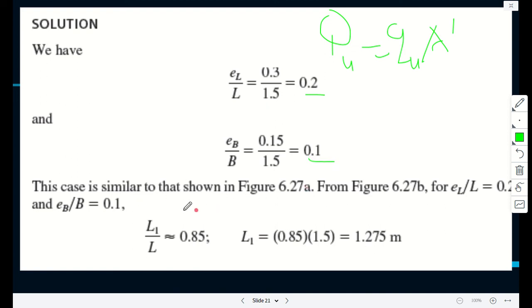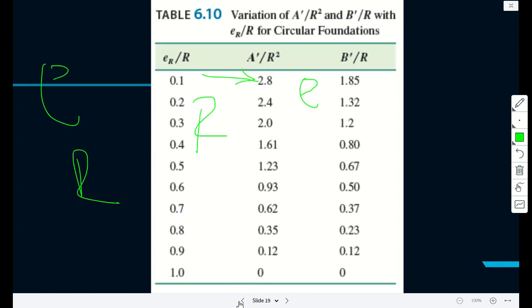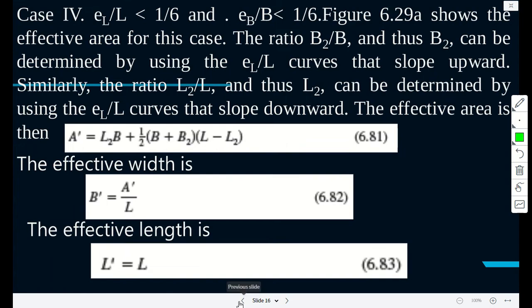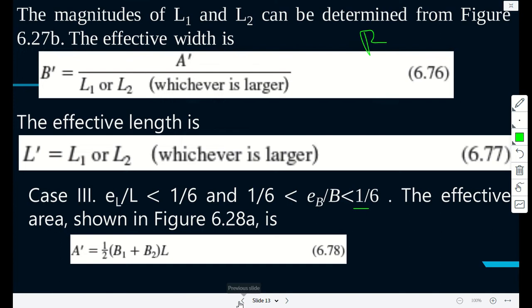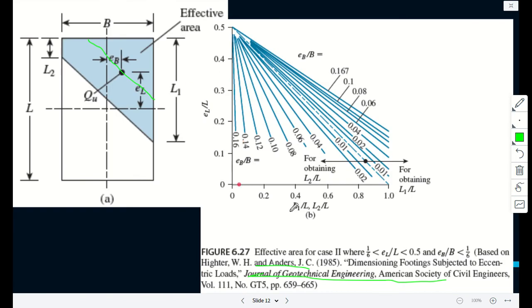So from the figures here, from this figure. Okay, let's see. We are saying that E over L, one of them, is 0.2.